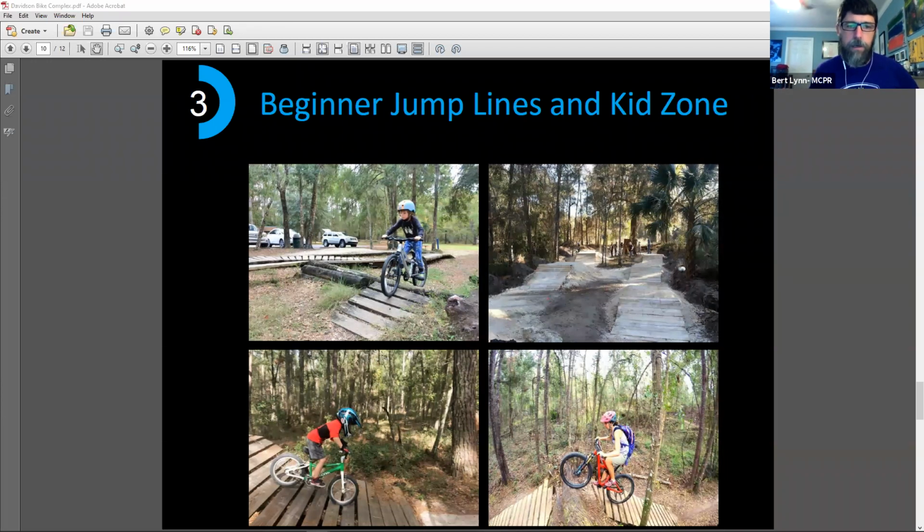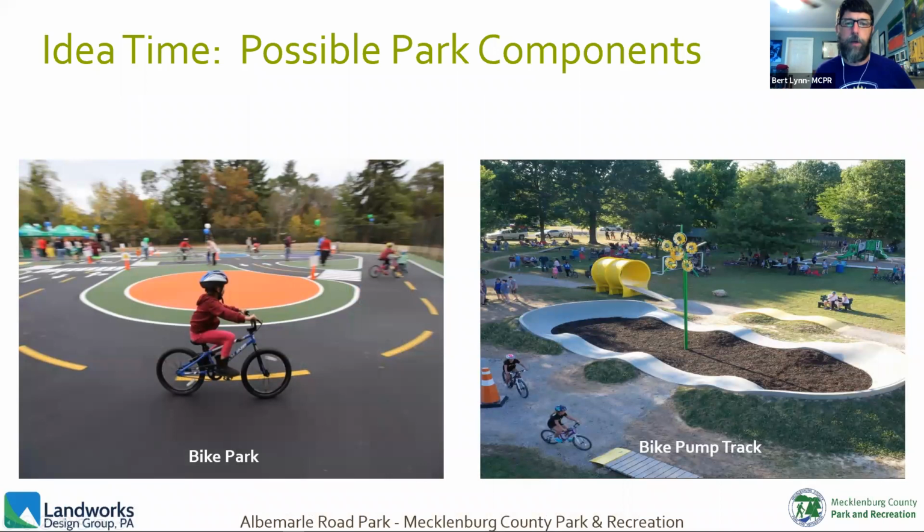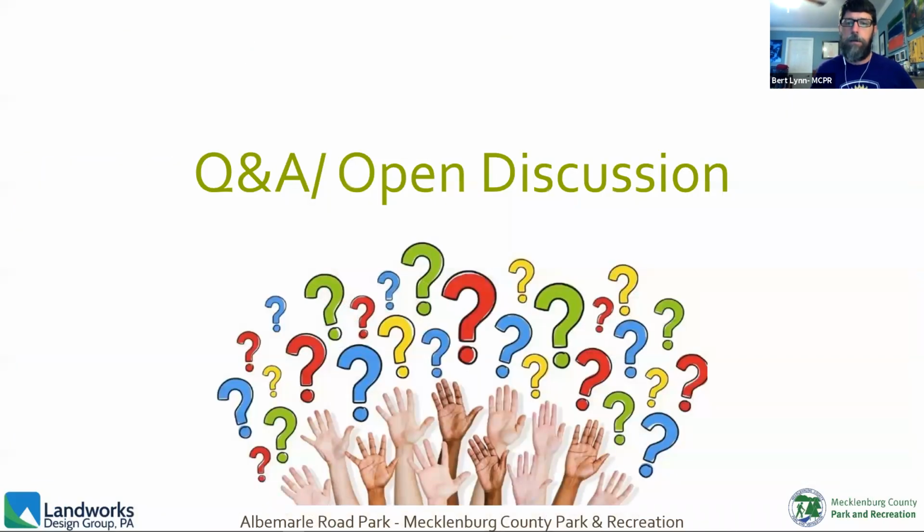Another question we got: any thoughts of a small splash pad? That was something we included on the poll online, and we didn't get a tremendous amount of feedback there. If we were to think about a splash pad, it would most likely be on the recreation center side of the park, for a couple of reasons.